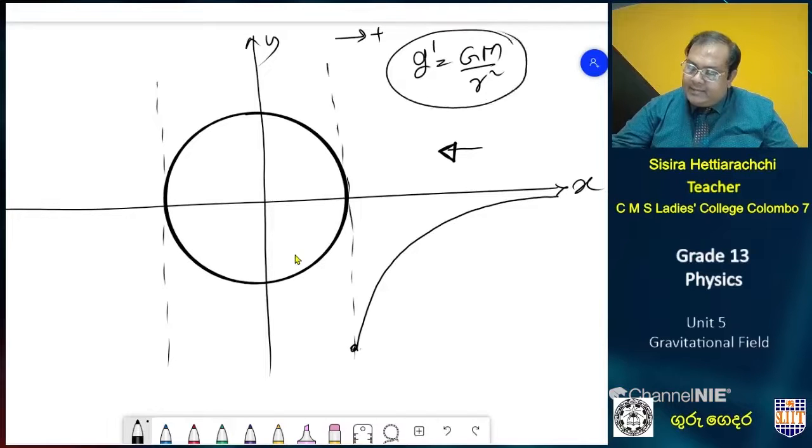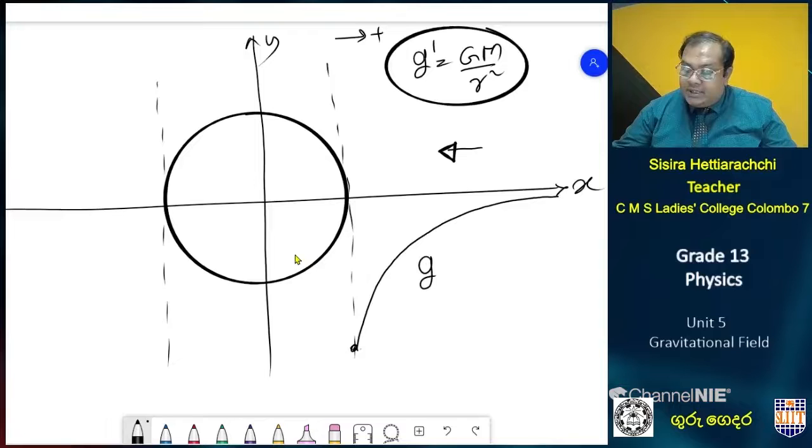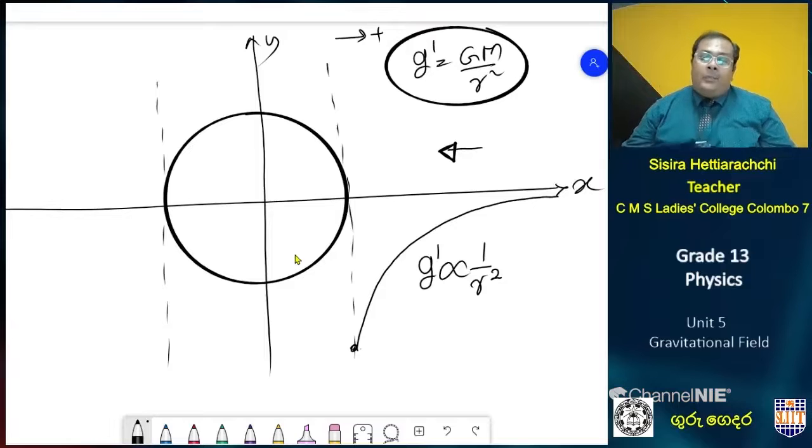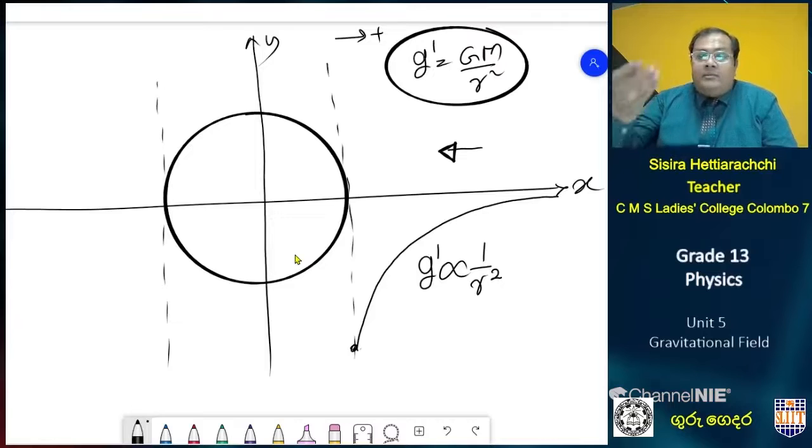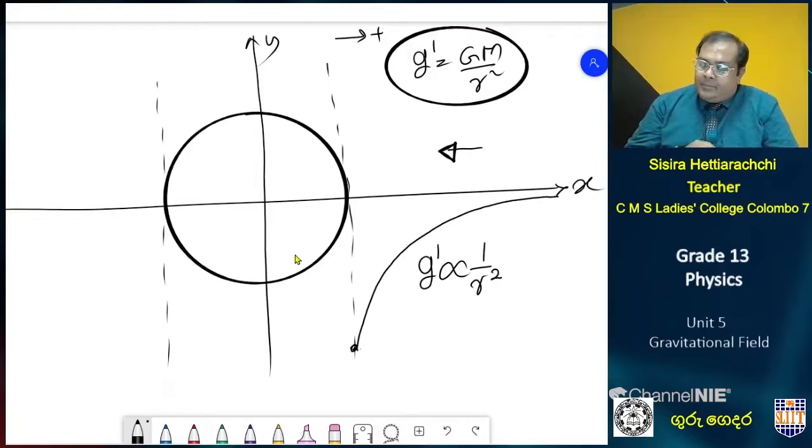Here you can see in this equation G dash is inversely proportional to R squared. That means when R is doubled, gravitational field intensity is reduced by 4 times. If R is increased by 3 times, gravitational field intensity is reduced by 9 times. Then a rapidly decreasing curve. Right?